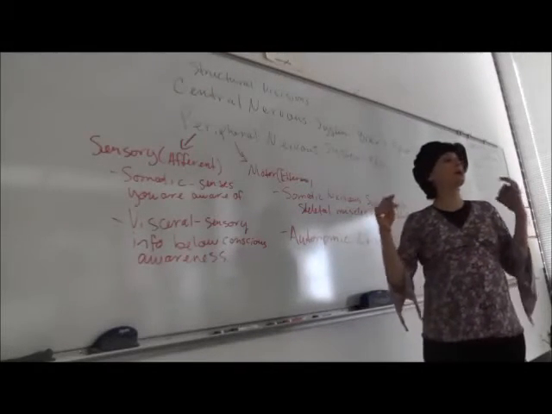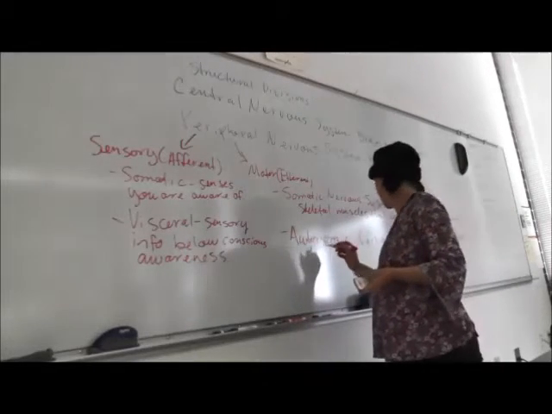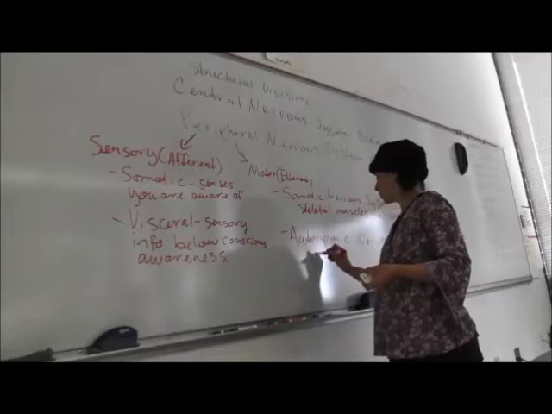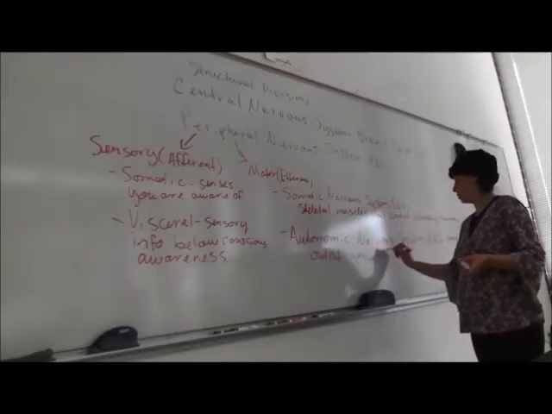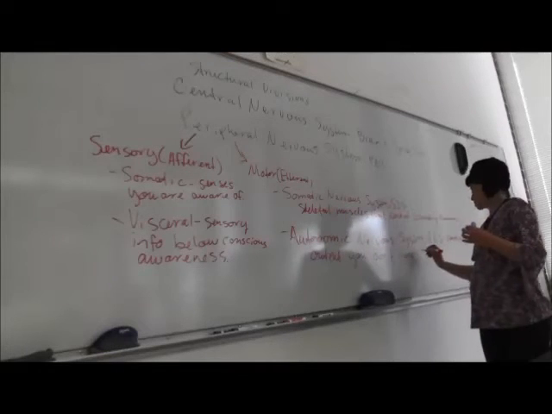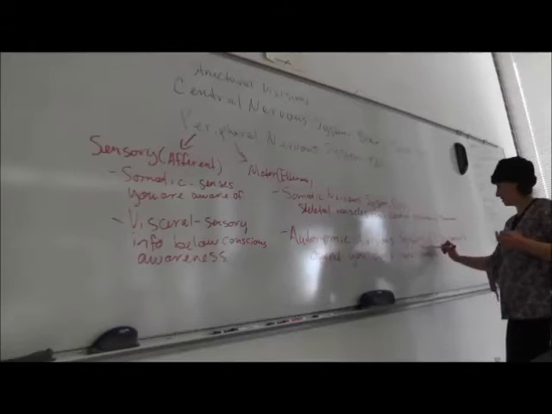So the targets in the autonomic nervous system would be your cardiac muscle, your smooth muscle, and your glands. So we'll say it controls output you don't have voluntary control over.